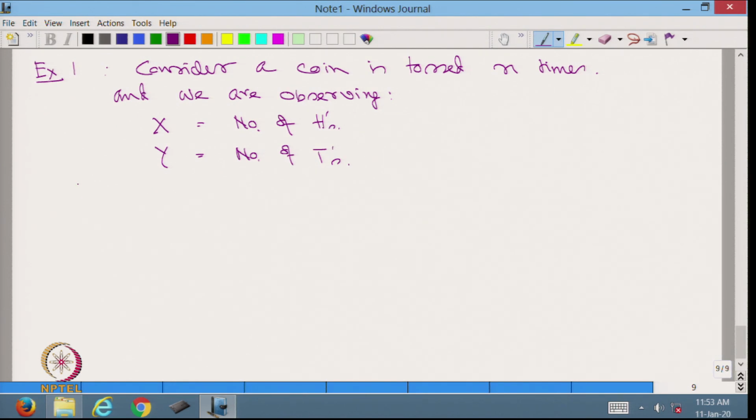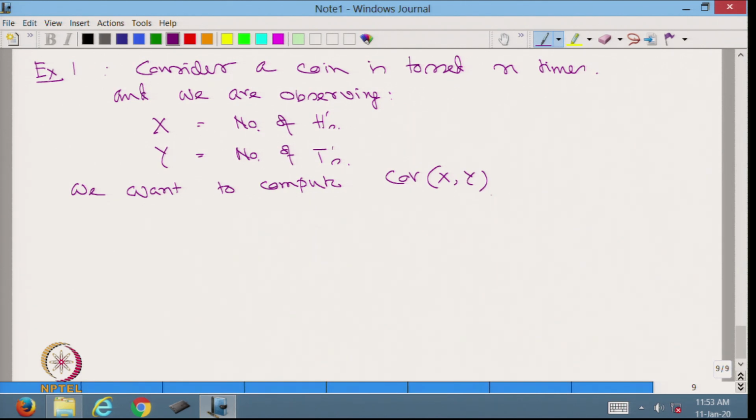We want to compute the covariance between X and Y.